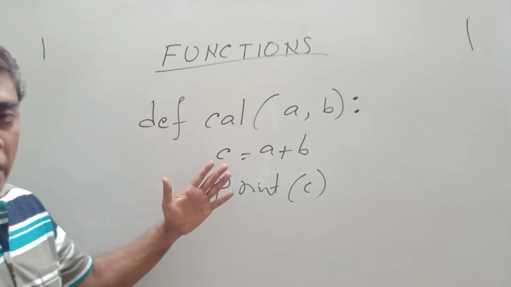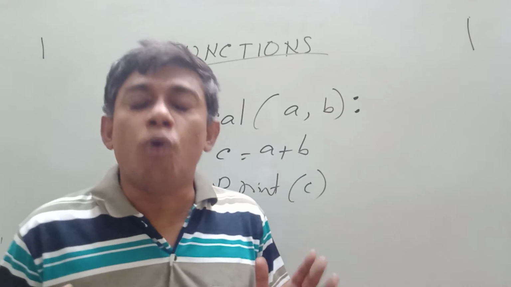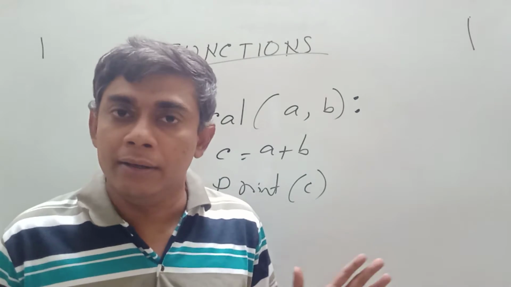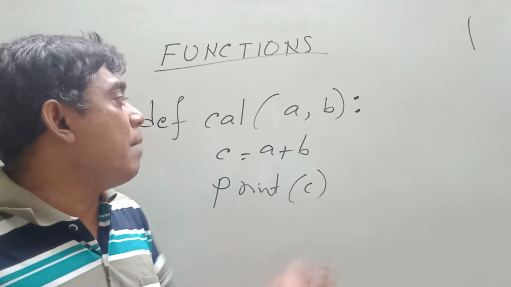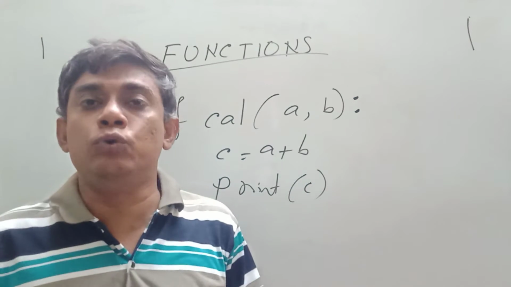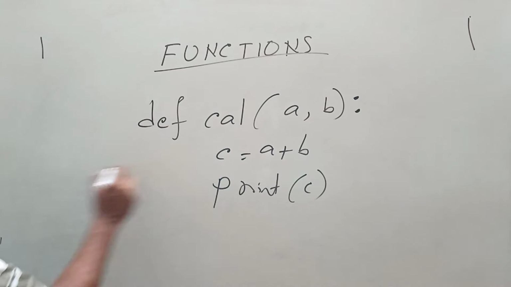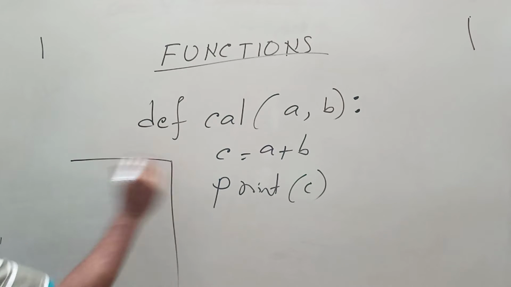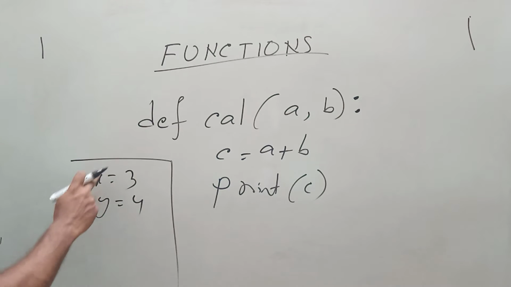Now, in this program, there are two arguments A and B, but we don't know what the values of A and B are. So, in the main function, at the time of calling the function, we have to pass the values of A and B. Suppose this is the main part we want to write. Suppose you write x equal to 3 and y equal to 4.